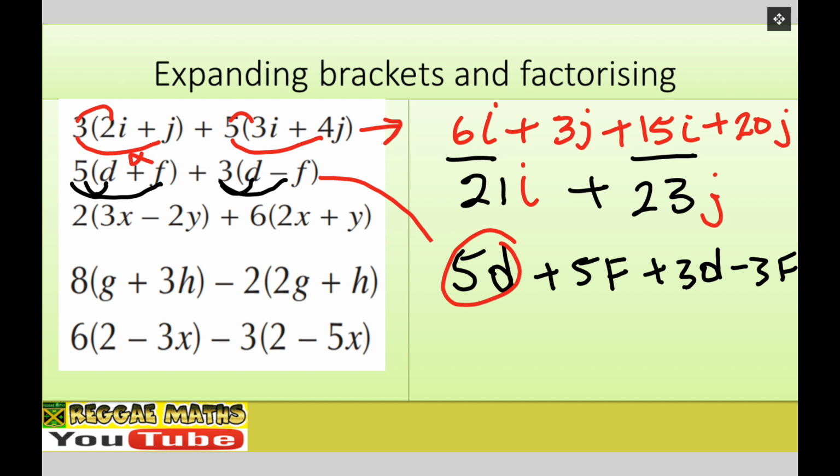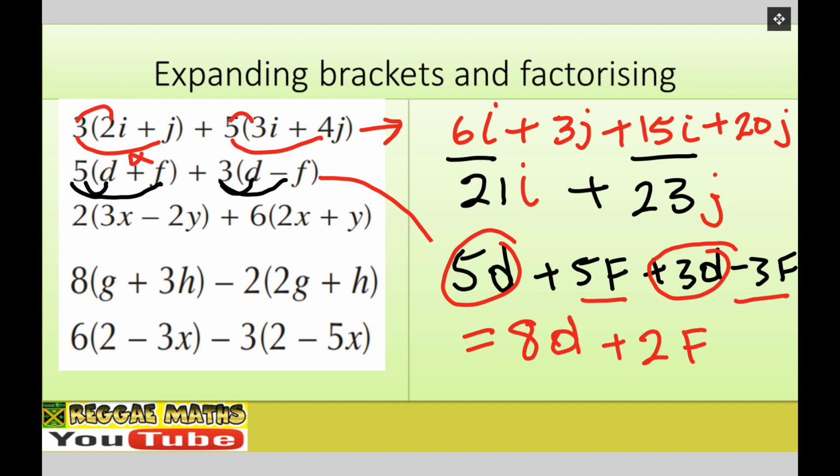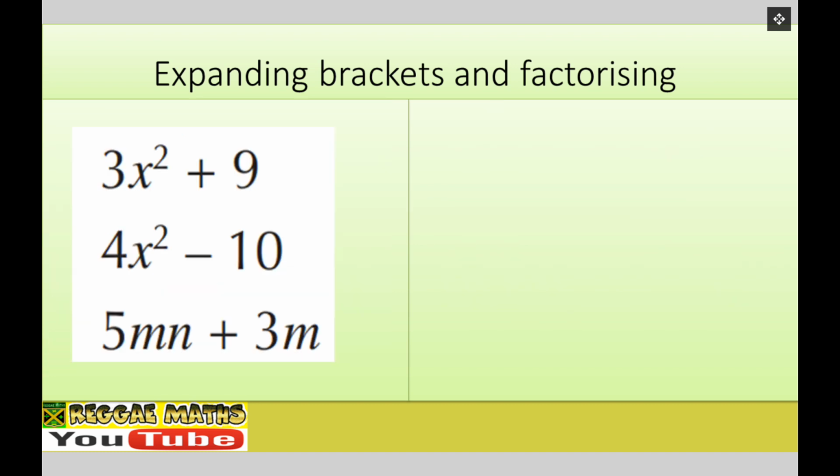D with D, so that equals 8d. 5f minus 3f equals 2f. Okay, and that explains it, right? So you can have a go at these 1, 2, 3. Pause the video, have a go at those questions.